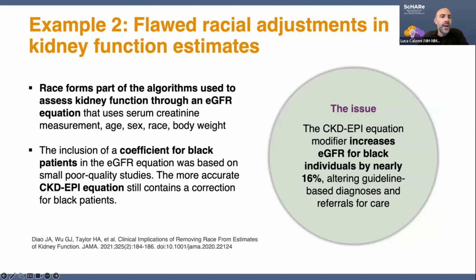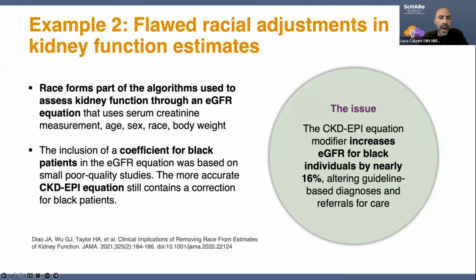Another example is the flawed racial adjustments in kidney function estimates. Race forms part of the algorithms used to assess kidney function through an equation called the eGFR equation. This equation uses several factors, including age, sex, and race. The inclusion of a coefficient for Black patients in this equation was decided based on small, poor quality studies.